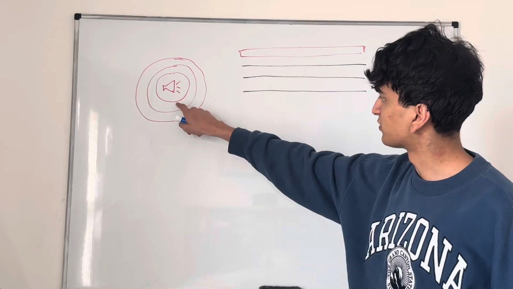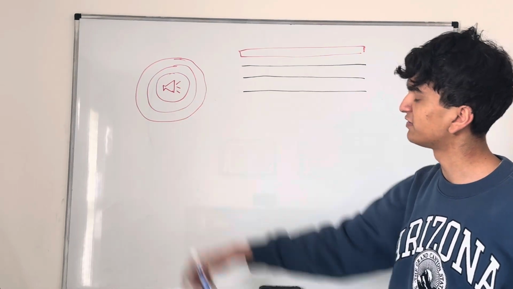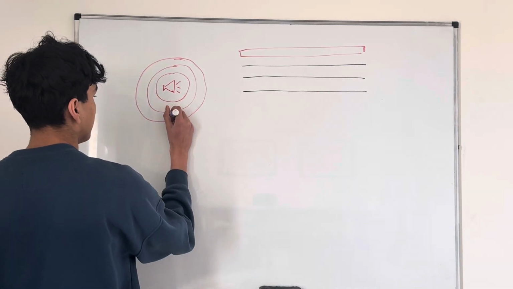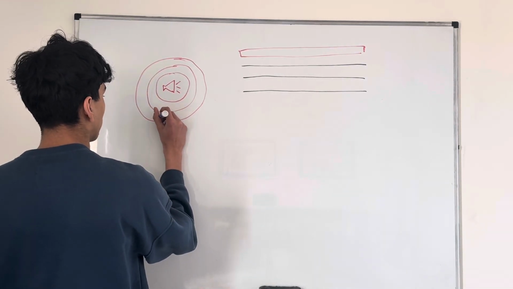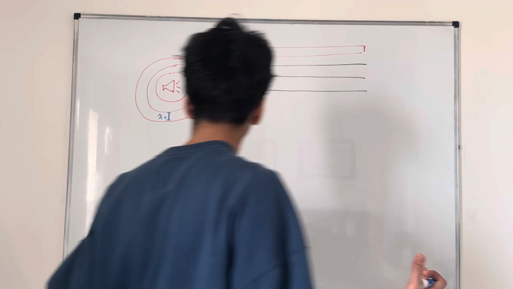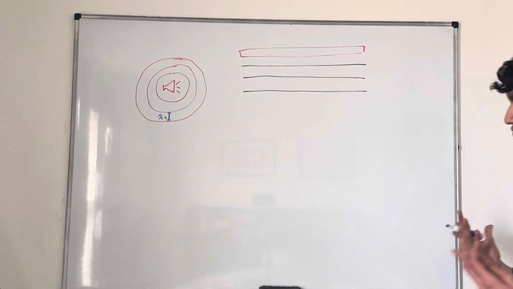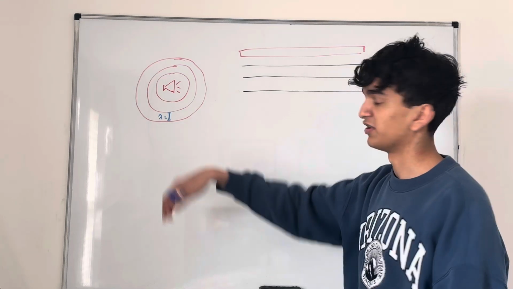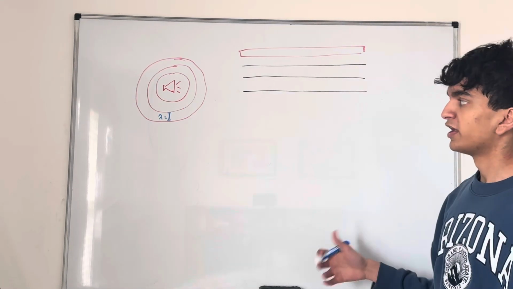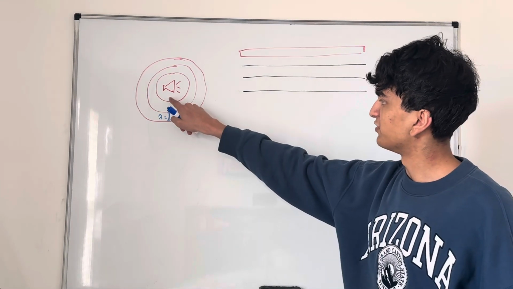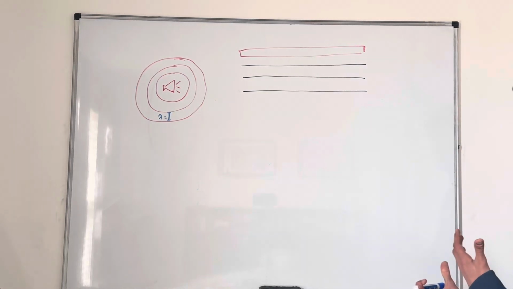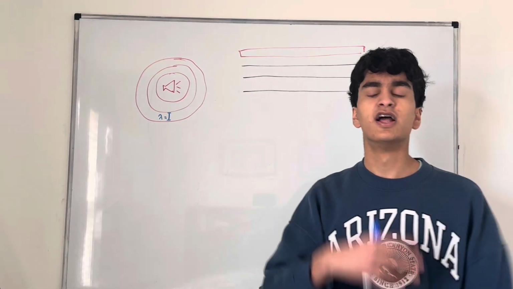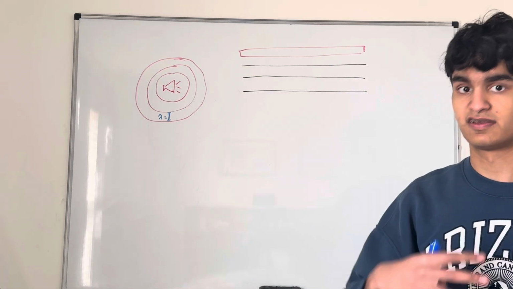This is a crest, this is a crest, this is a crest, and the distance between each line would equal one wavelength. And you could also say the line represents a trough. If this was a trough and this was a trough and this was a trough, that's still a wavelength in between. So that's what I mean by it representing some part of the phase of that wave.